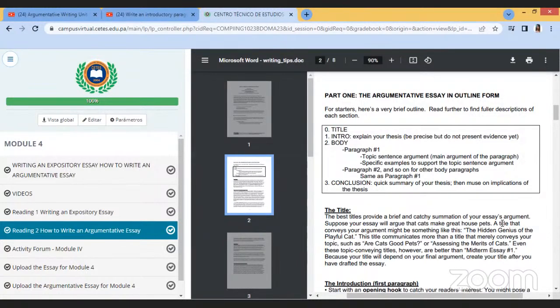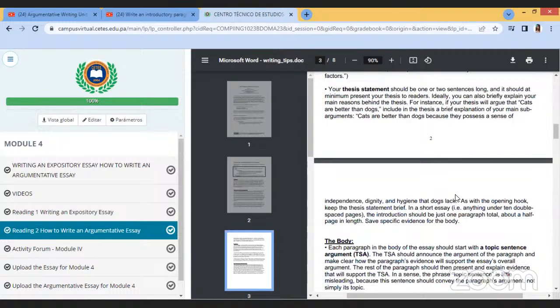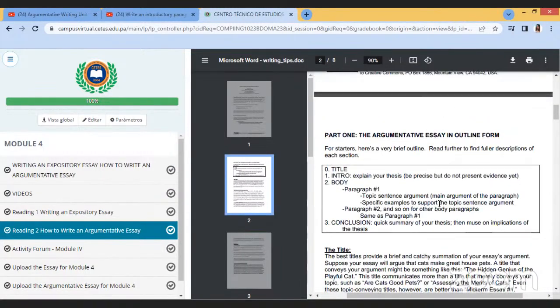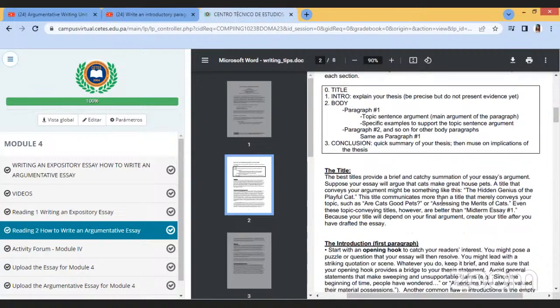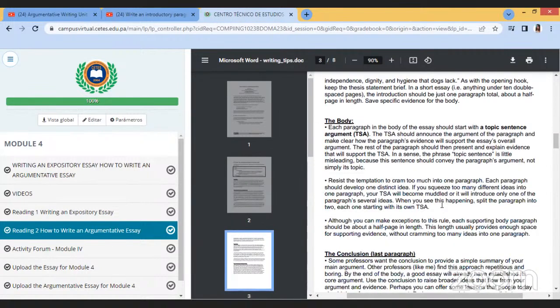Read further to find the full description in this section. On these pages, you can find part 1, dividing all the parts that you have to develop inside the argumentative essay. This part is composed of the title, the introduction, the body, and the conclusion.